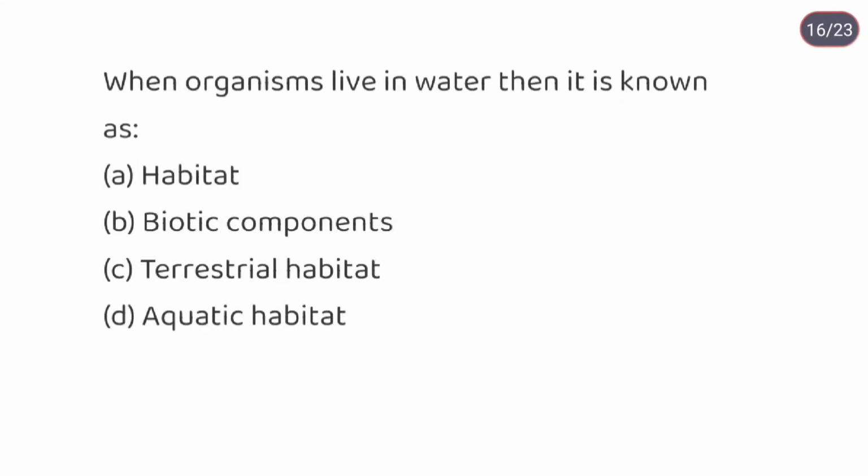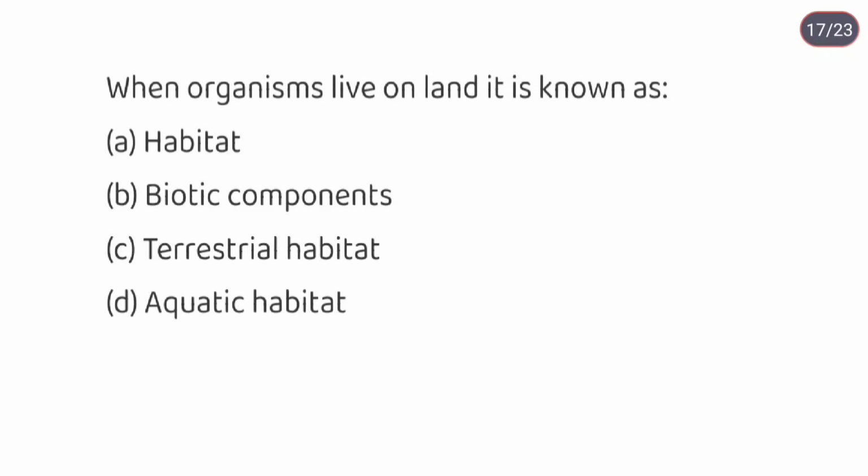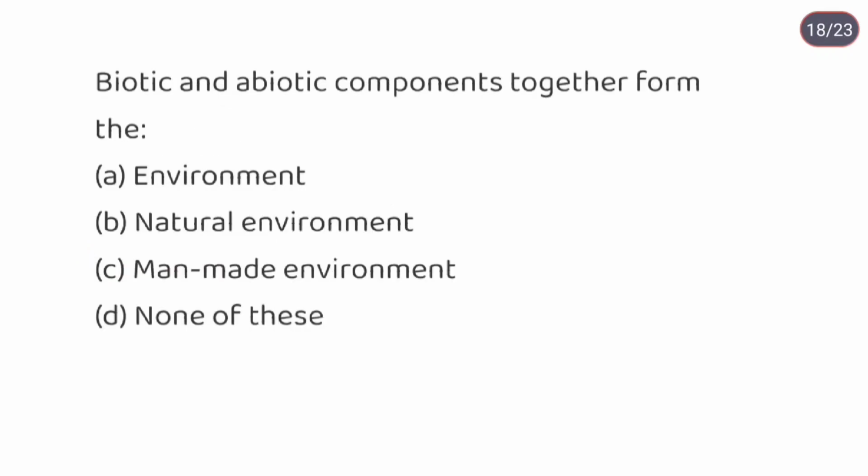When organisms live in water, then it is known as aquatic habitat. When organisms live on land, it is known as terrestrial habitat. Biotic and abiotic components together form the natural environment.